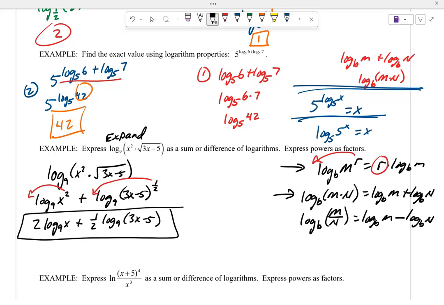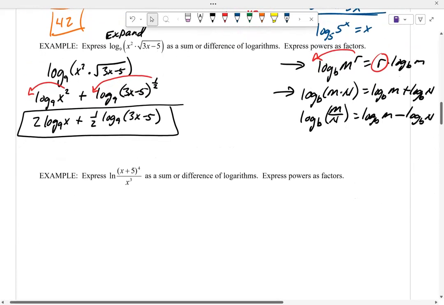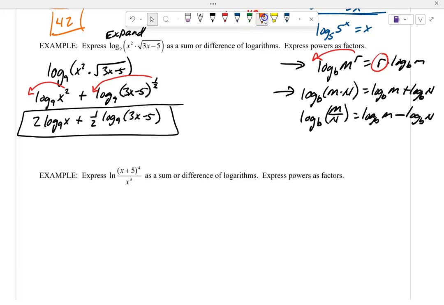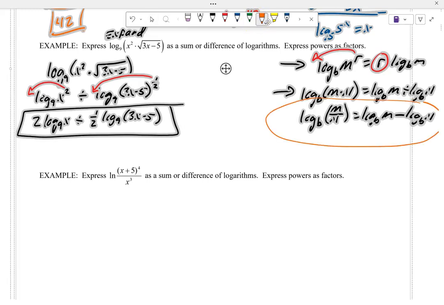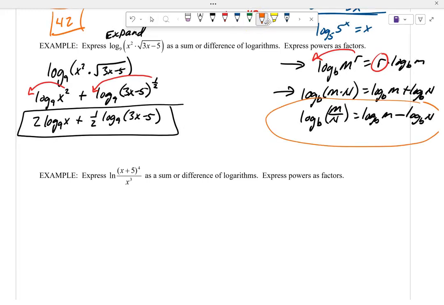The original one logarithm is now a sum of two different logarithms, right? We've expanded it. So we're going to do the same thing here. This also wants us to expand it. So our first rule is we're going to use this one right there, log base b of m over n.